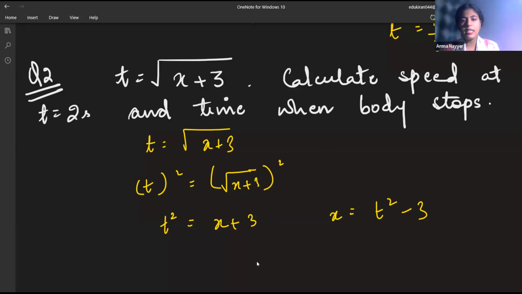For velocity, this becomes dx over dt. So we have to differentiate this. Yes, till Yasir we did. Martin has also answered. Abdullah, t square. What is left if we differentiate t square? Abdullah. t to the power 2.